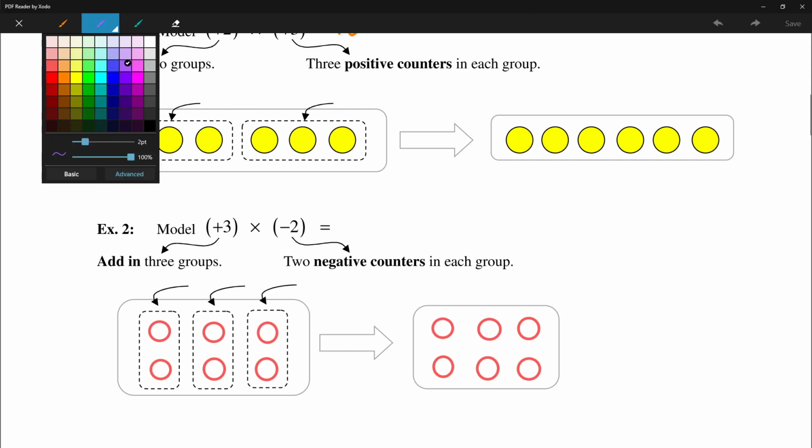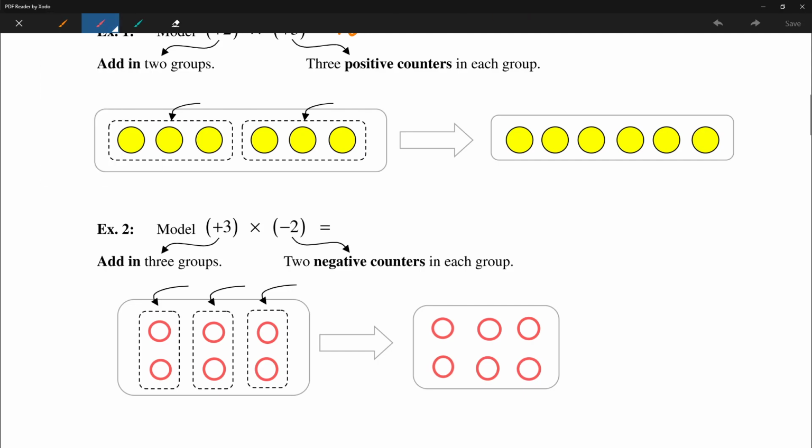We can draw a negative sign in each one of these counters to indicate that they are in fact negative. And once again, the product is -6. We count the total number of counters at the end of the multiplication.